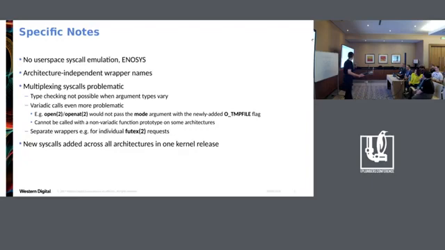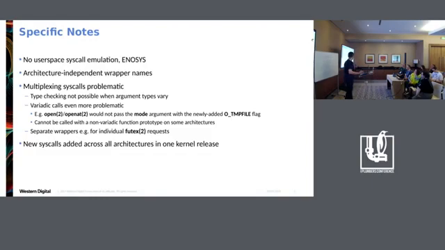A problem is also multiplexing syscalls. As I listed here, it's not possible to check the argument types when they are different for each of the sub-syscalls passed through the multiplexer. If there's a variable number of arguments depending on the argument types or flags, that's also a problem. One specific example Florian has given is the openat syscall, which gained the O_TMPFILE flag at one point.